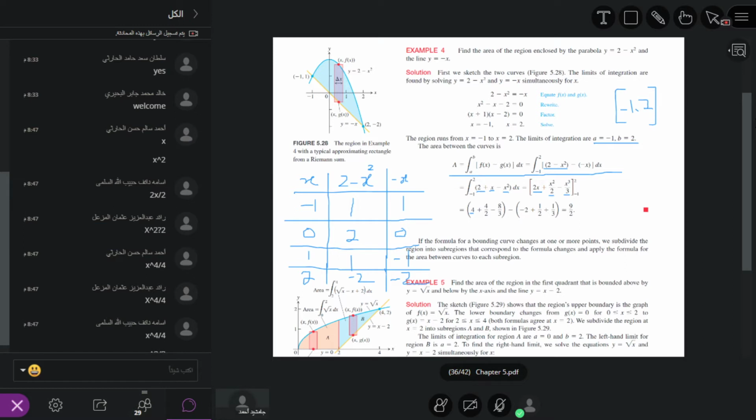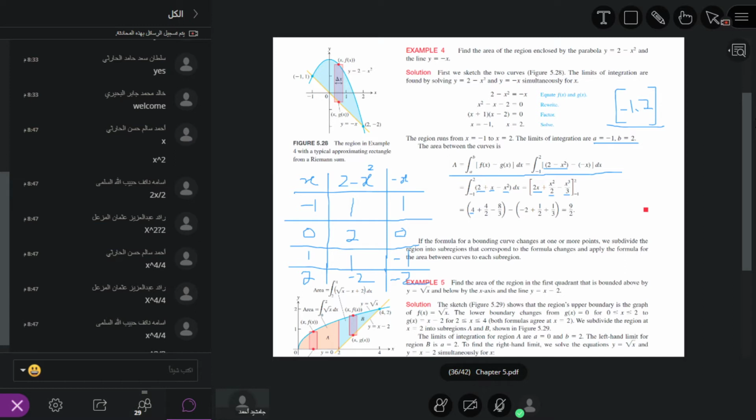These values show the following interval from -1 to 2. It means a is equal to -1, b is equal to 2. At this interval, we find the values of the functions 2 minus x squared and minus x.